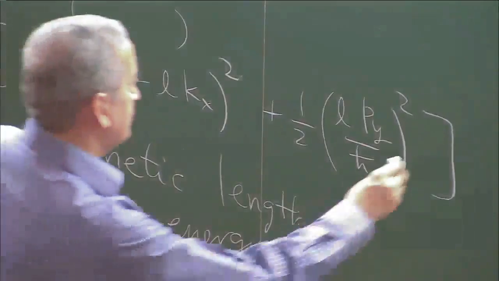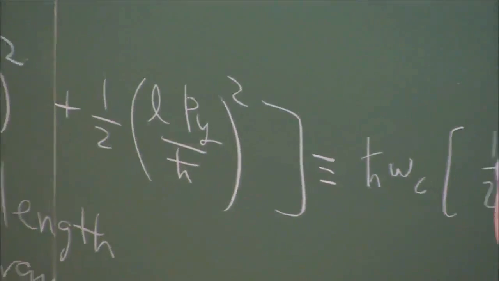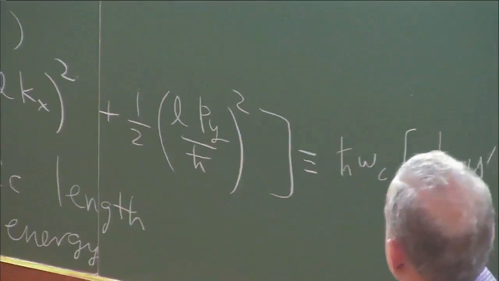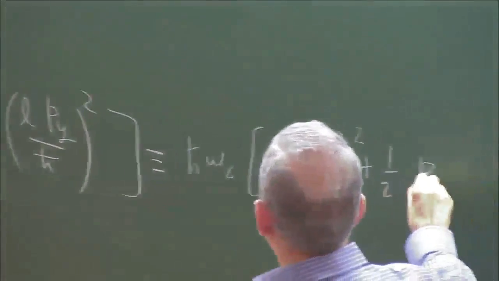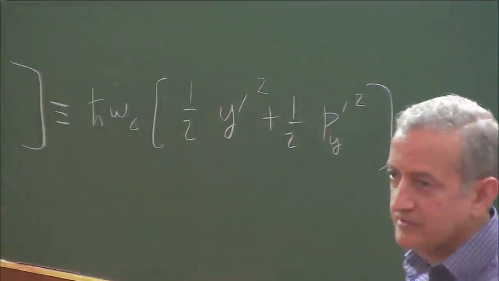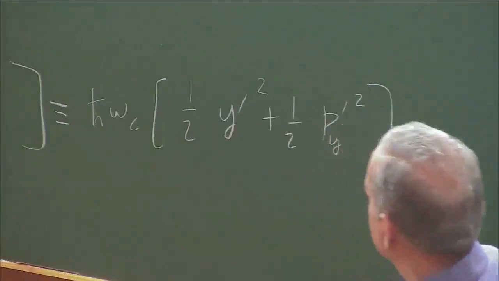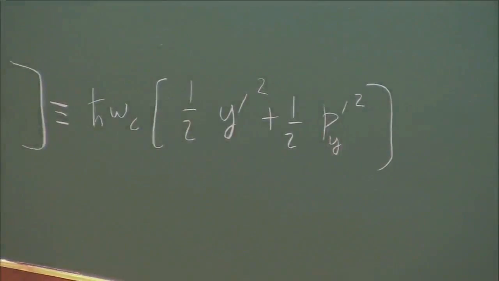Okay, so I can further define this as h bar omega c times 1/2 y primed squared plus 1/2 py primed squared, where the definitions of y primed and py primed you can read off from here. But the main point here is that this looks just like a one-dimensional harmonic oscillator.